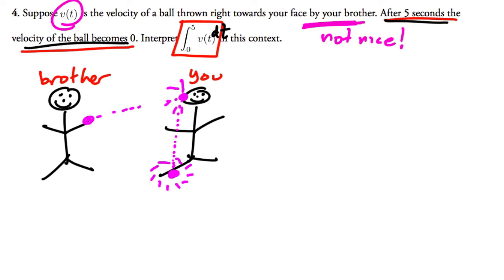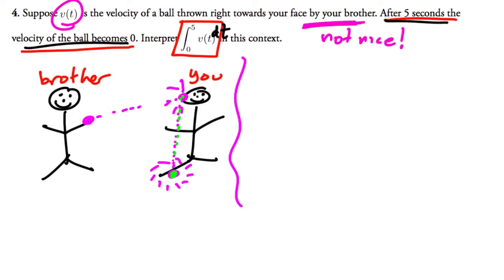So the integral from 0 to 5 of V of t represents, since it's telling you that the velocity of the ball becomes 0: when it hits you, the velocity isn't quite 0 yet, and then it has to come down here and fall, and then it goes with some velocity there, and then it stops.